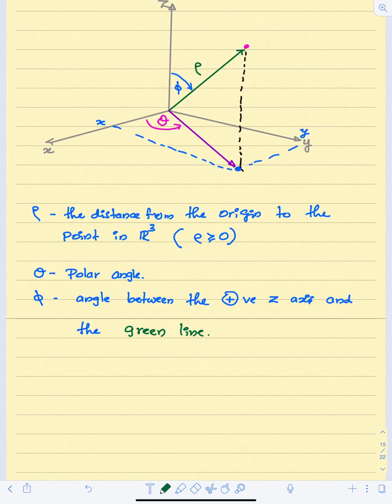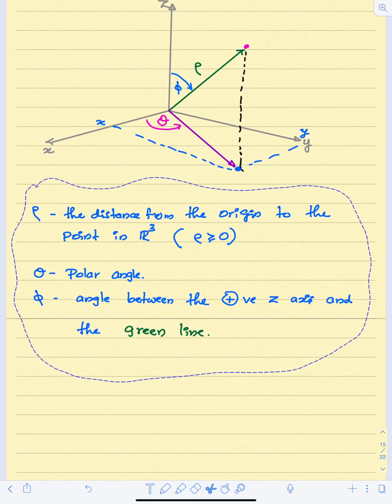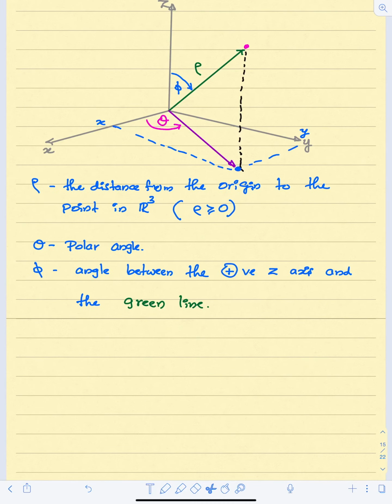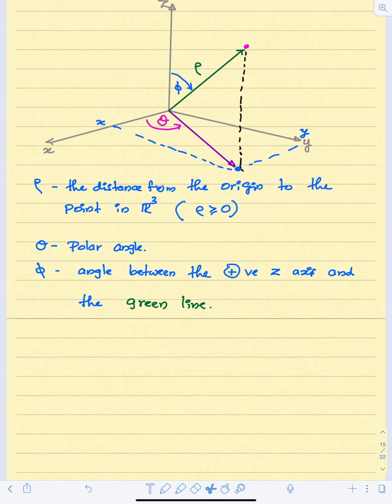Okay. So this is the way we define the three parameters in the spherical coordinate system. We have rho, which is a distance, and two angle parameters theta and phi.